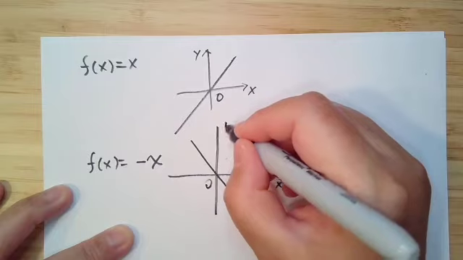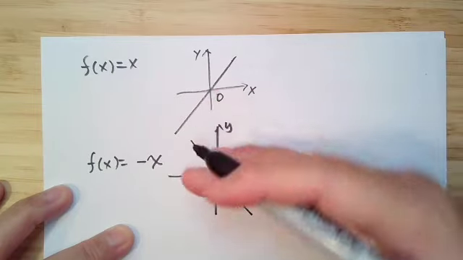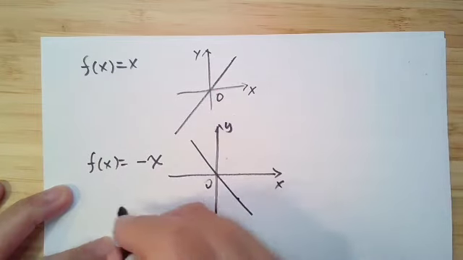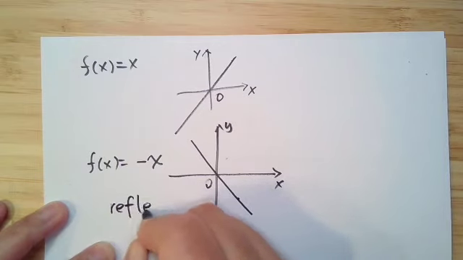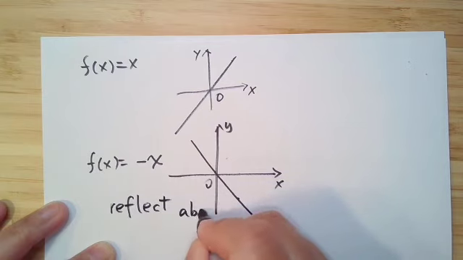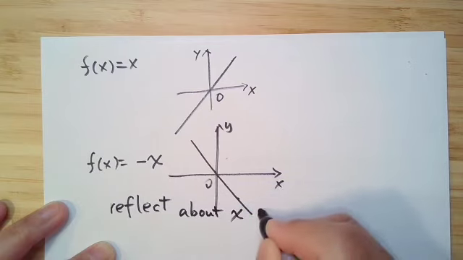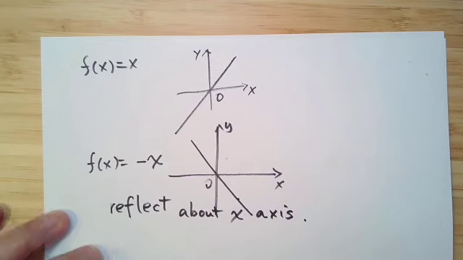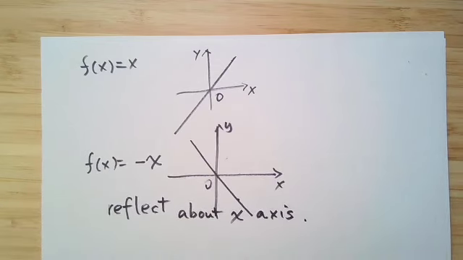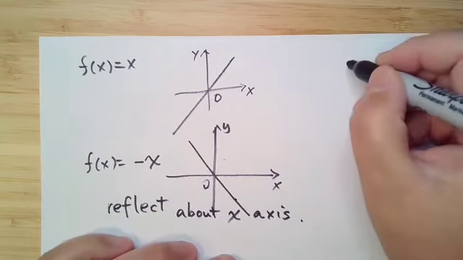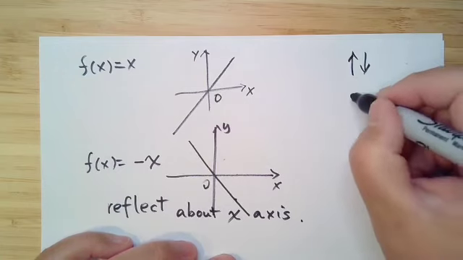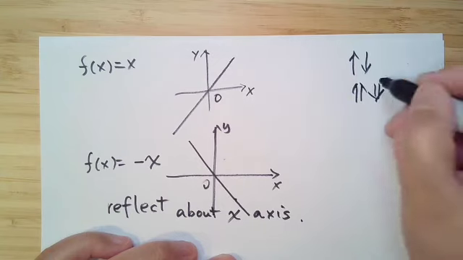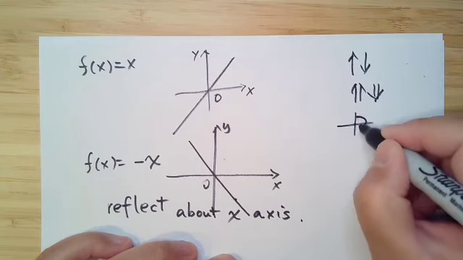We call this reflect, or you can say flip or reflect about the x-axis. Okay. All right, now we learned this function transformation. That is important. We learned shift up and down. We learned stretch or compress, and we learned flip over, right? So we learned all those things.